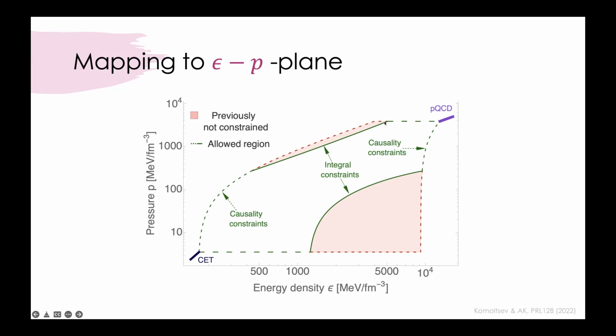And so that tells us how the information about the PQCD calculation seeps into lower densities. It's actually quite remarkable that you get a non-negotiable constraint from the PQCD calculation already down to around 2.2 times the nuclear saturation density.